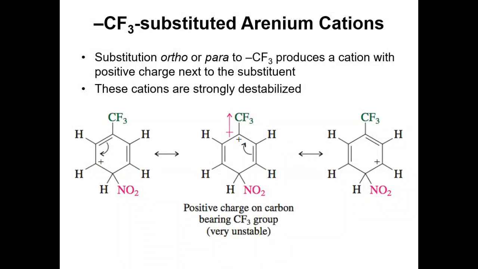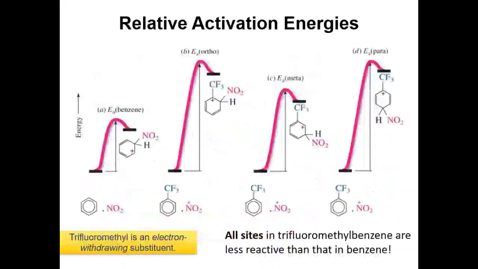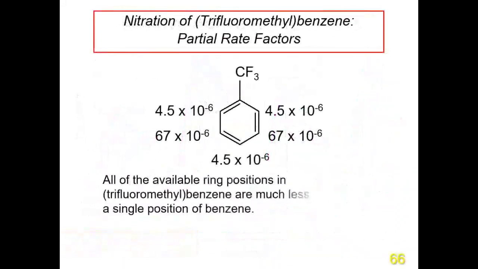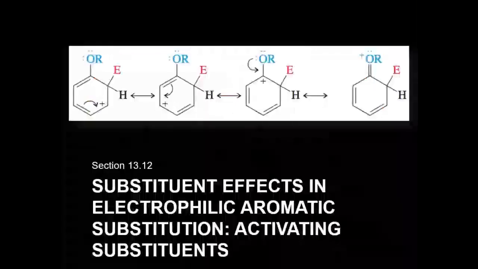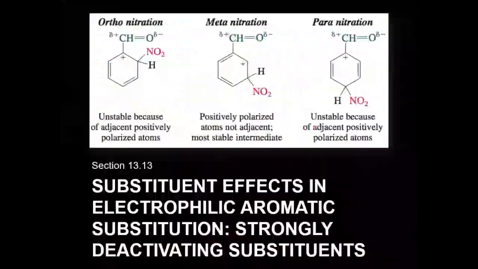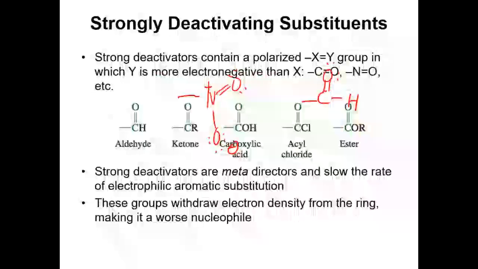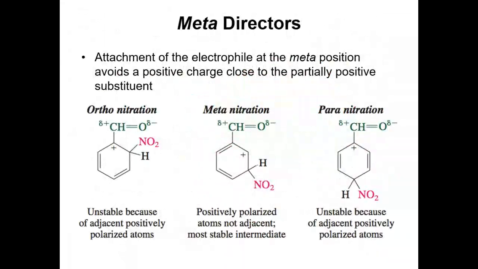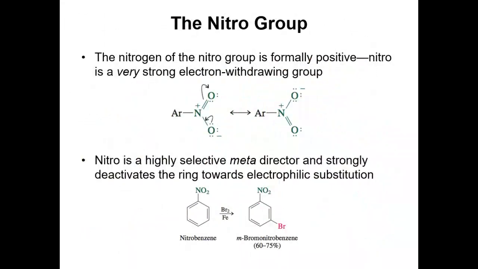That means the ortho/para sigma complex will be destabilized with respect to the meta version. So all very powerful deactivating groups are very powerful electron-withdrawing groups, and all of them are meta directors. The nitro group is a meta director as well.